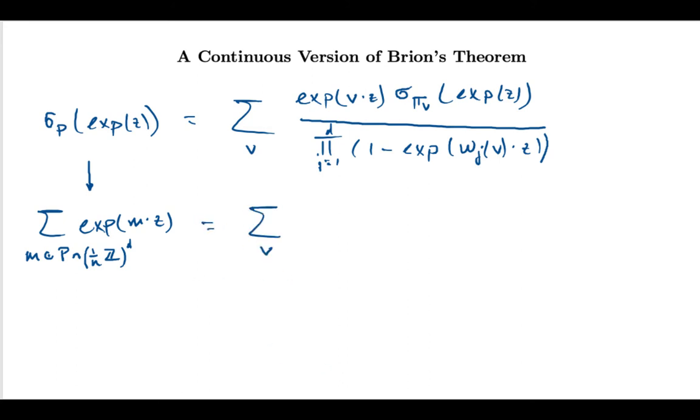So now let's see what happens on the right-hand side. What we'll need to do is we'll scale every integer point down by n. Well, the apex of my vertex cone is still v, but now the integer point transform of my parallelepiped pi v, I can sort of think of just keep summing over integer points, but scaling them down by a factor of n.